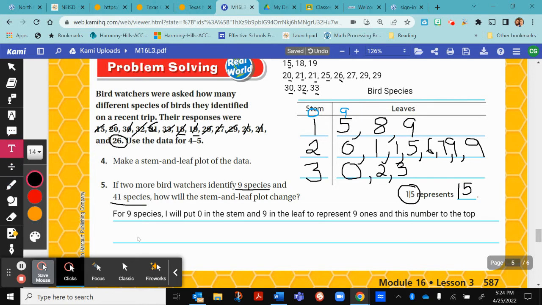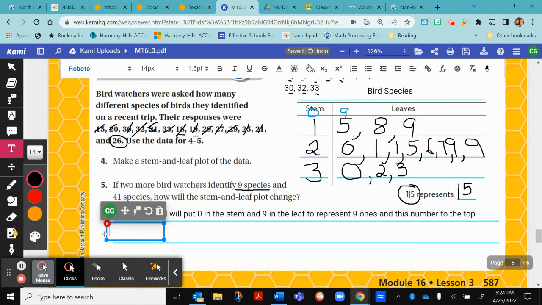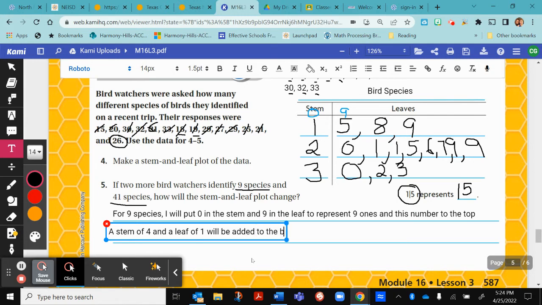All right, then the next part for the 41, a stem of 41. So it's a stem of 4 and a leaf of 1 will be added to the bottom because it's the greatest number.